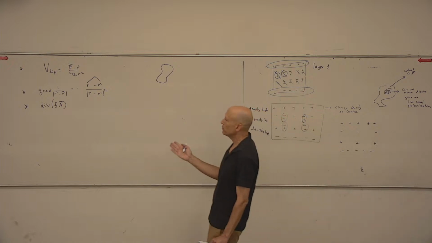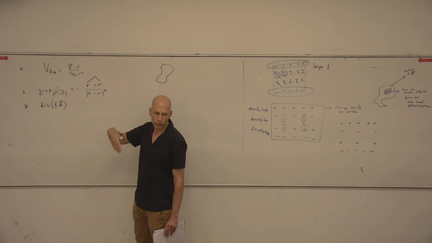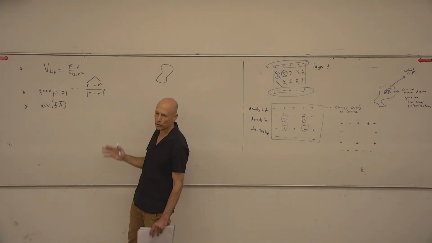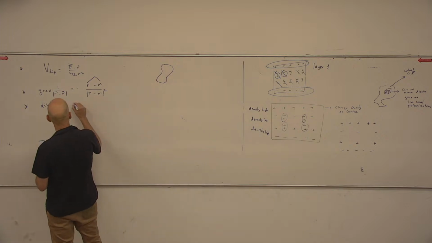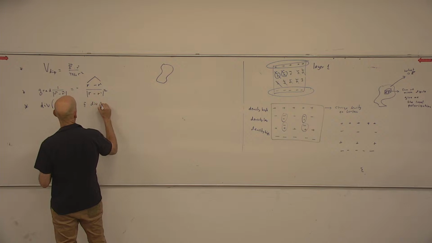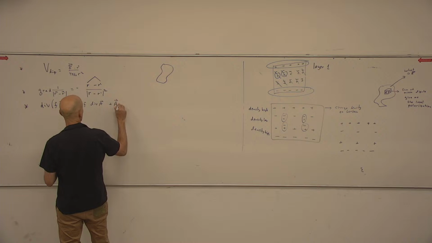So you separate the vector. You have a x, a y, and a z. You do it for each one of them, and then you have derivatives in x, y, z, but it's trivial. So I'll just write down the result. This is f div a plus a dot grad f.